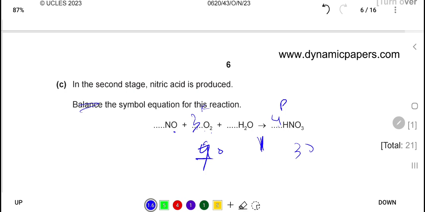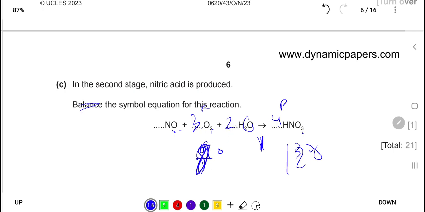Now 4 with 3. Wait, 3 with 2 is 6, so 6 with this is 7, and 7 with this one is 8. So now 4 with 3 is 12. Okay, what if I added more, like a 2 in here?